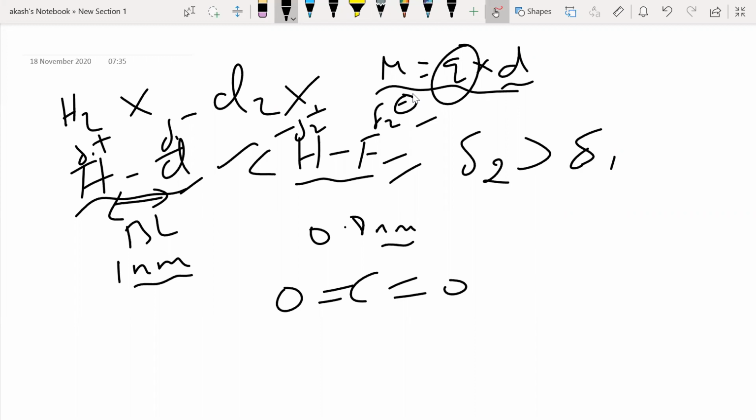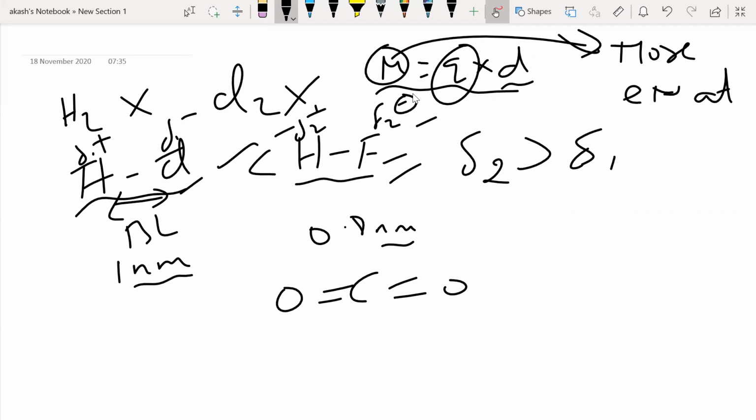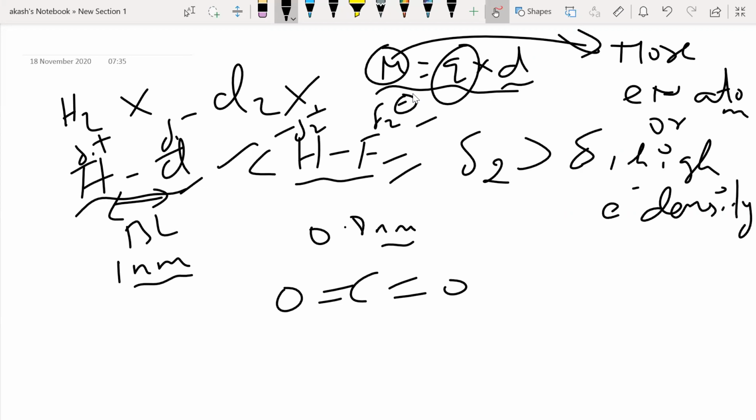Please understand, the direction of the dipole moment will always point towards the more electronegative atom. I can also say that it is going to point towards a direction where there is high electron density.